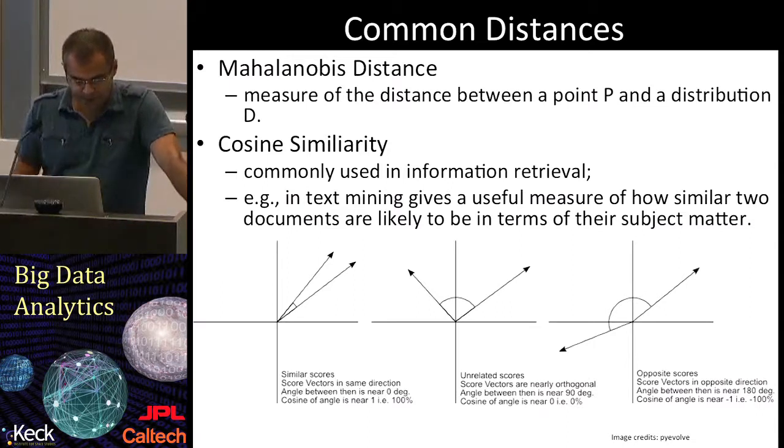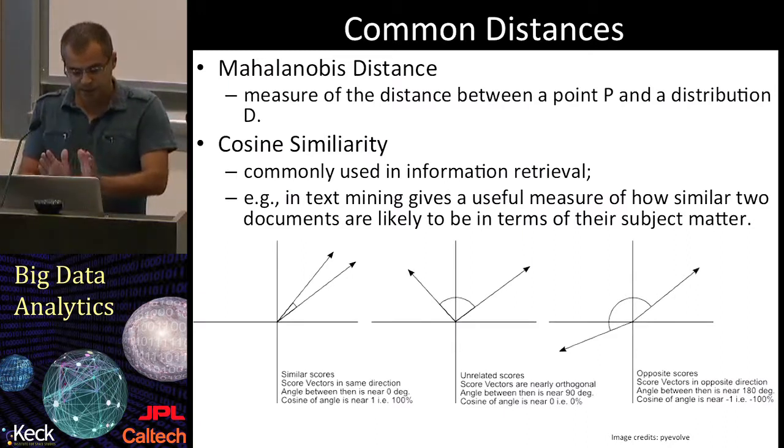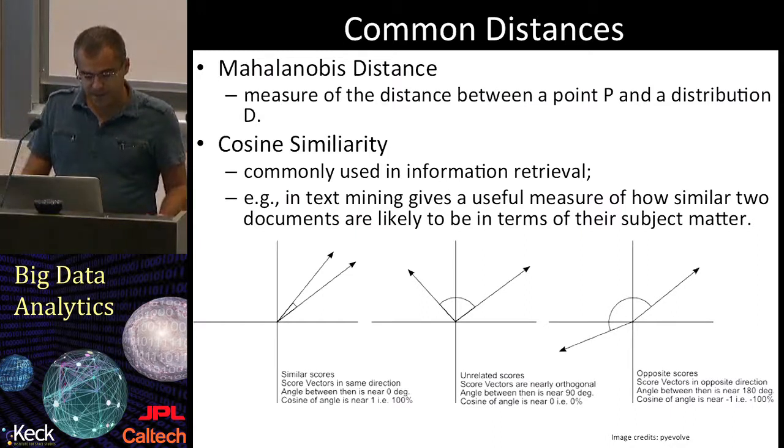For example, like in the figure, for similar scores, vectors are in the same direction, forming an angle near to 0 degrees. The Mahalanobis distance is a measure of the distance between a point and a distribution. And in the previous video, we have also seen some other distances that can be used for text or binary data, like the Hamming distance.